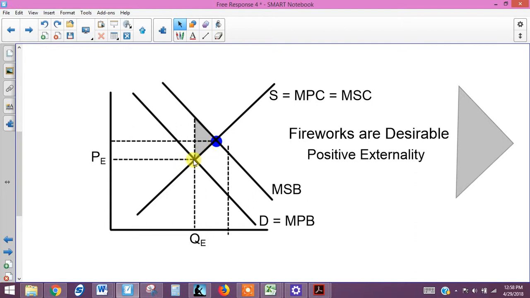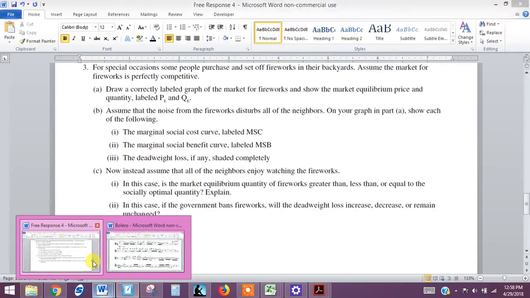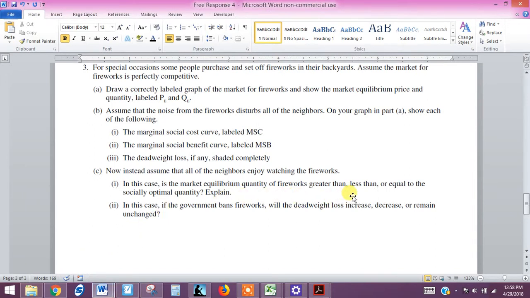So the market equilibrium is less than the optimum. And I'll put him back right there. So that's what they're asking. The market is less than the optimum.